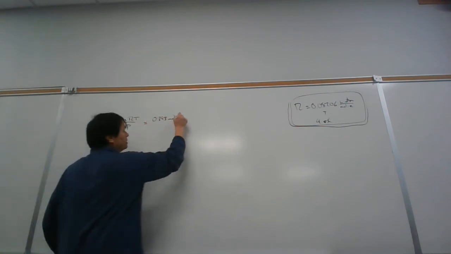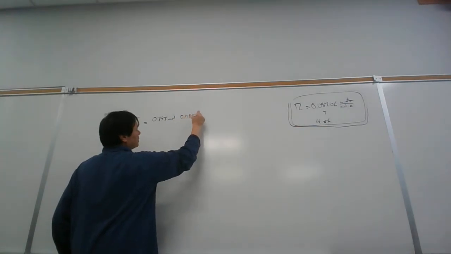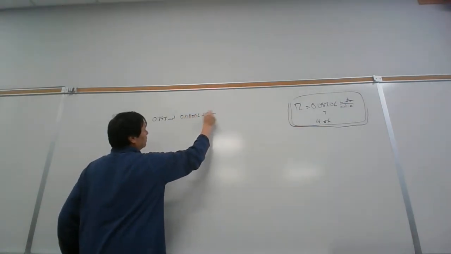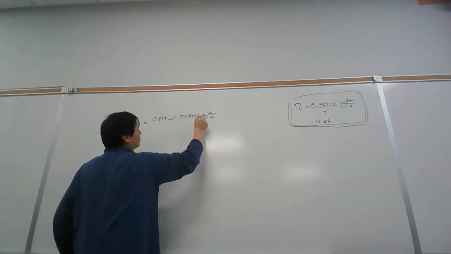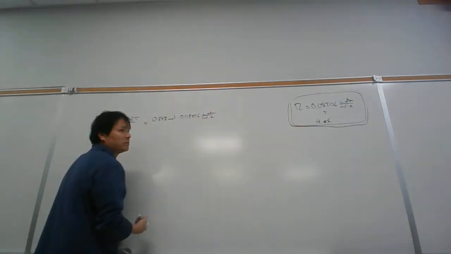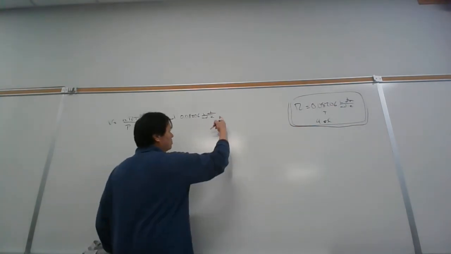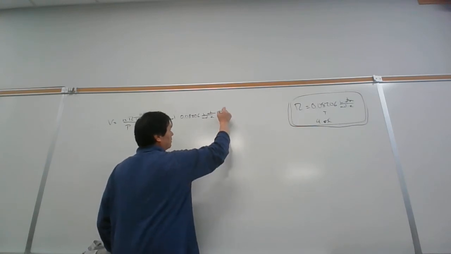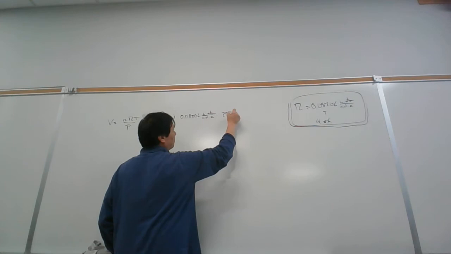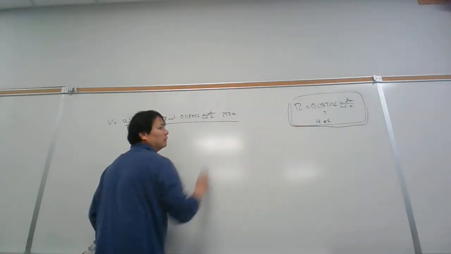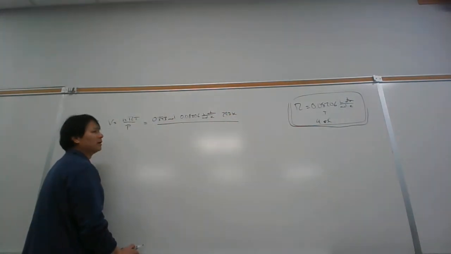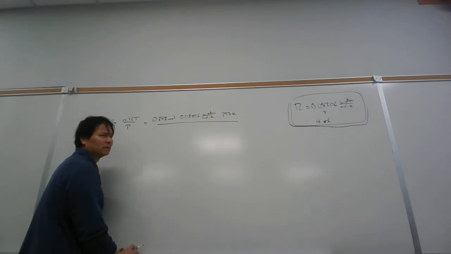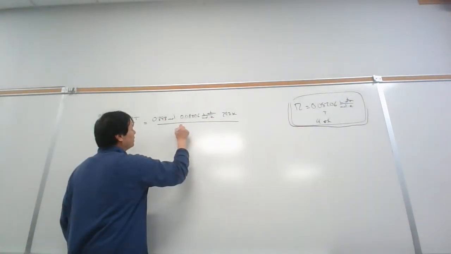R is 0.08206 liters times atmosphere per mole Kelvin. That's the R value there. Times T, which is 24 degrees, so 273 plus 24 is 297 Kelvin, divided by P. The pressure here is 0.971 atmospheres.